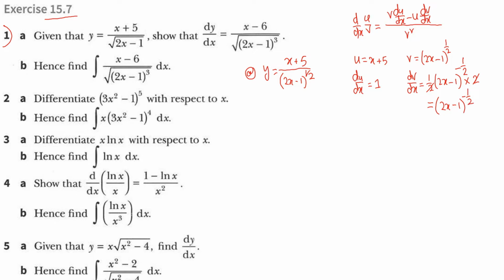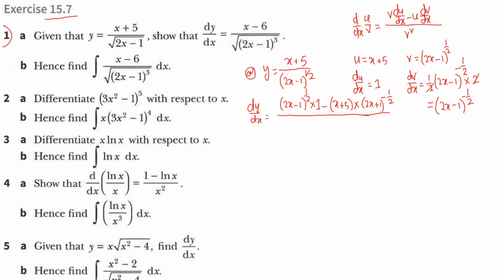Let's put everything here, so we can write dy by dx. The rule is v, so this is our v, (2x minus 1) to the power half, times du by dx, which we got as 1, then minus u, which is x plus 5, times dv by dx, which is (2x minus 1) to the power minus half, and the denominator is v squared.